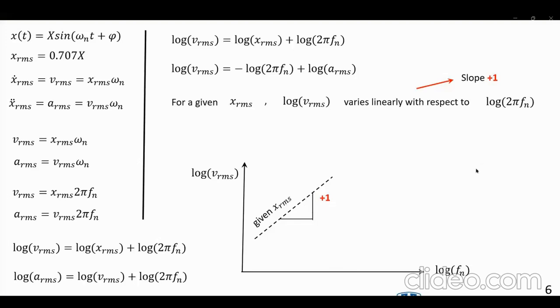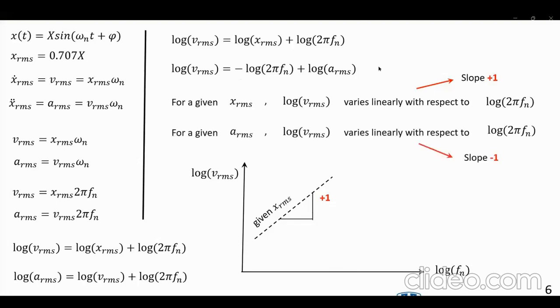And if I look at the second equation, log of velocity is equal to minus log of the frequency plus a constant. If you give me ARMS, the acceleration, I can say log of V is equal to negative log of Fn plus a constant. In other words, it's a line with a slope of -1. So this is the idea behind that nomograph plot, and we'll see that in a minute.